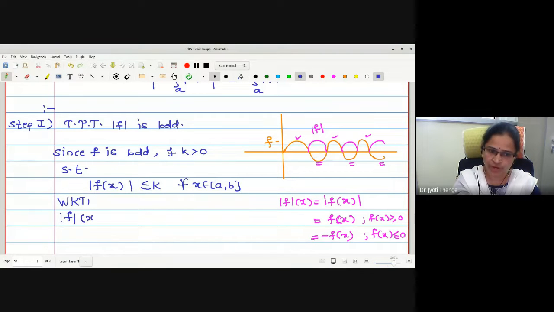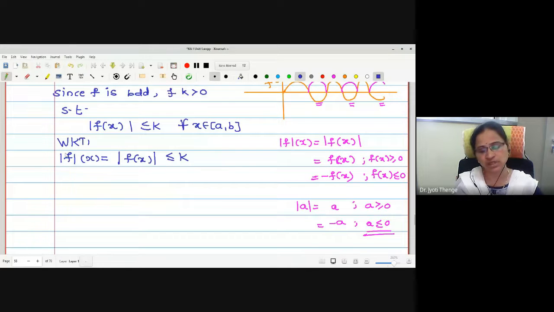Mod f operated on x is defined as mod of f of x. But mod of f of x is already less than or equal to k by the above statement. Therefore, mod f operated on x is less than or equal to k. With this, can I say mod f is a bounded function?